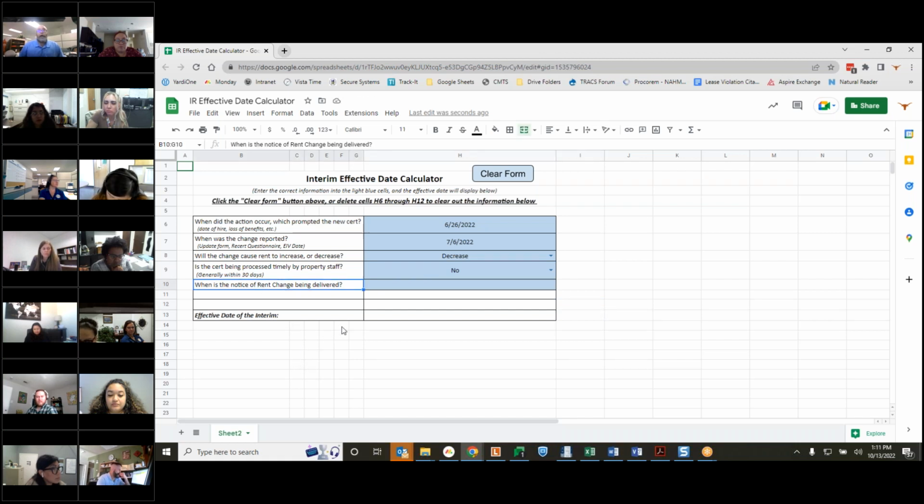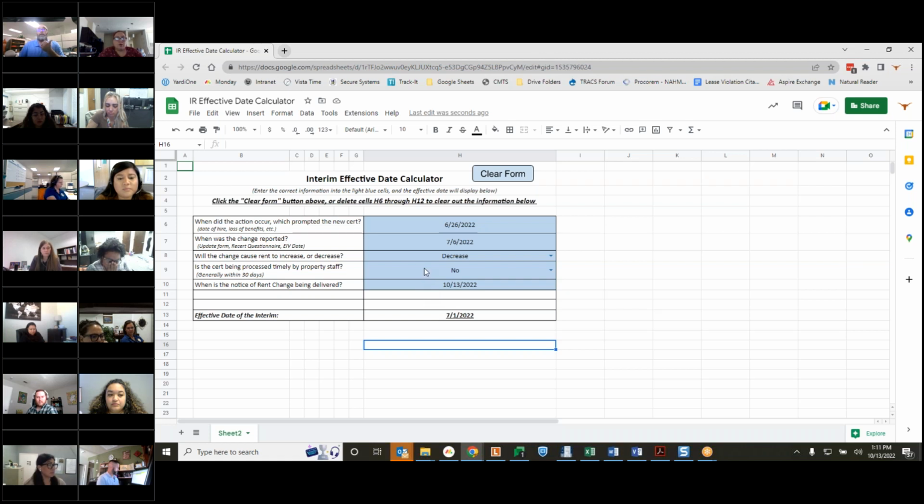So if we're working on this cert now, we can say today, 10/13/22, and it still spits out our effective date of 7/1/22. We can change this to match the example from the first one that we looked at, where we were processing it in July. We can see it still doesn't change.